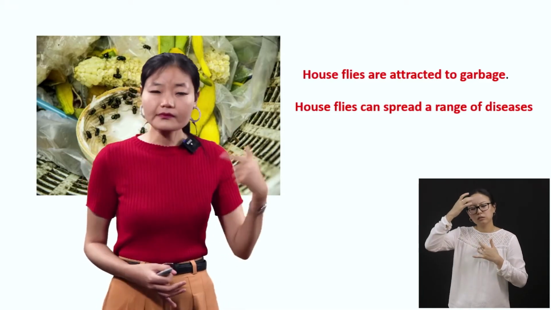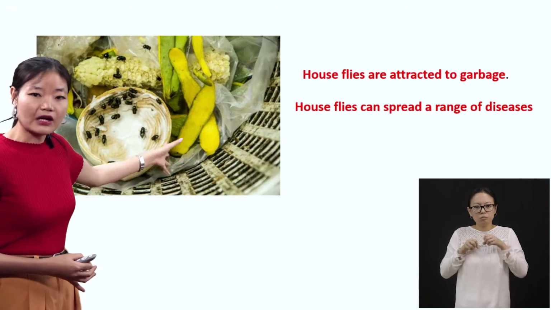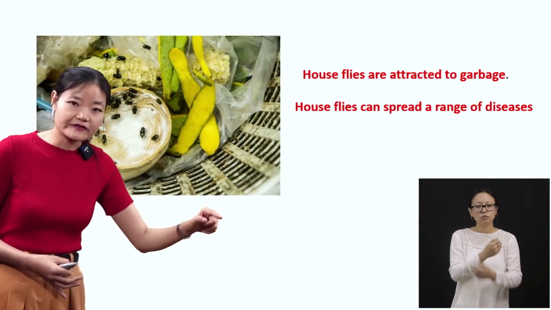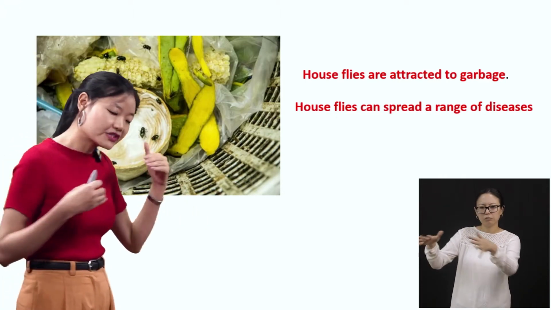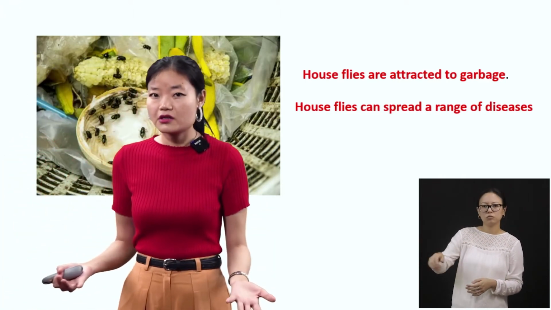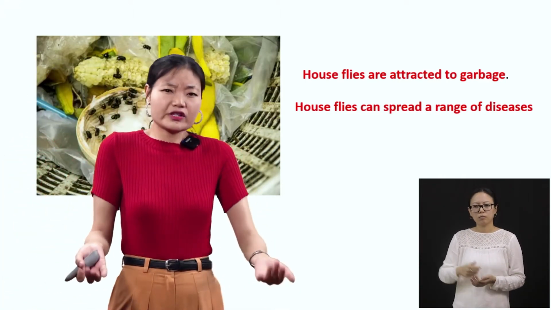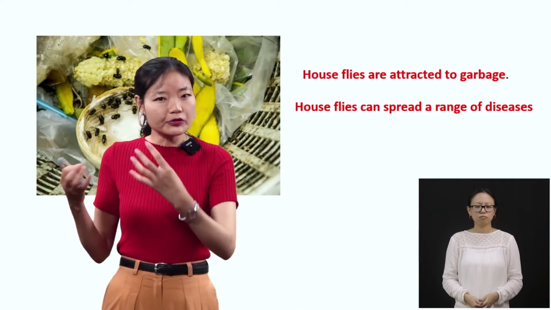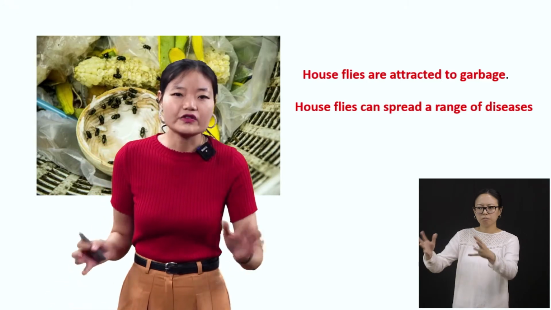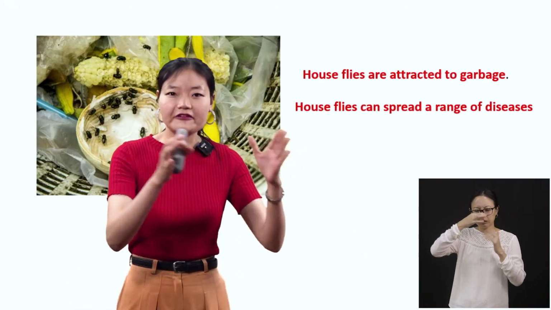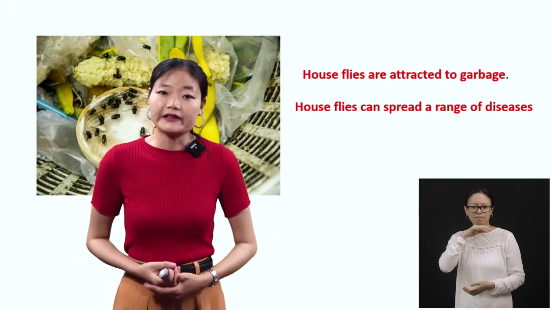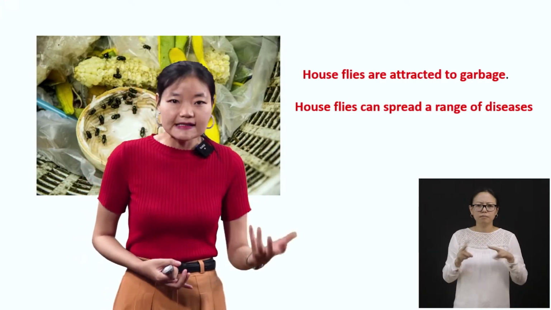They are very much attracted towards garbage, which, as you all know, is very smelly, so of course there will be an outbreak of disease because of that. So that is all about the housefly.